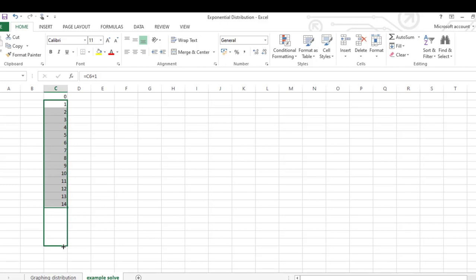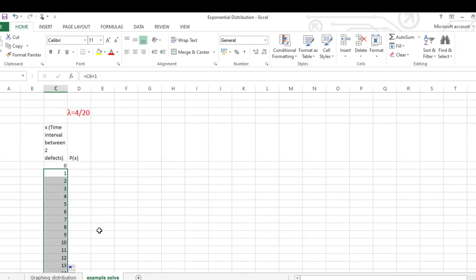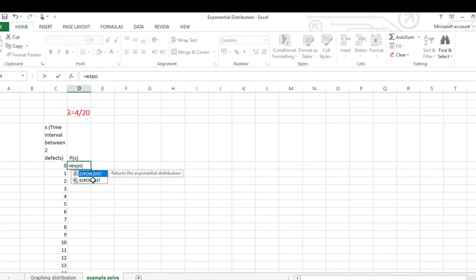Okay, so let us write down the command of probability density function. Okay, so now here, since it is a continuous distribution, so we would write the command of cumulative probability distribution function. Okay, so we should insert the exponential distribution. Now first we should insert the value of x, so I am linking it with this cell.